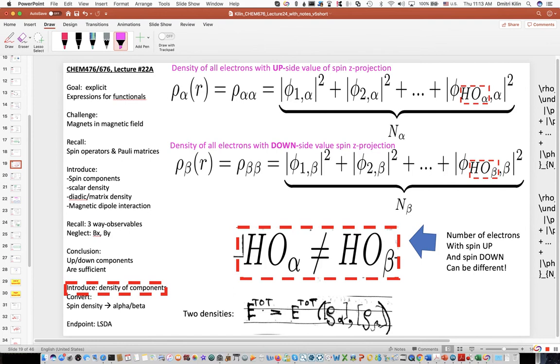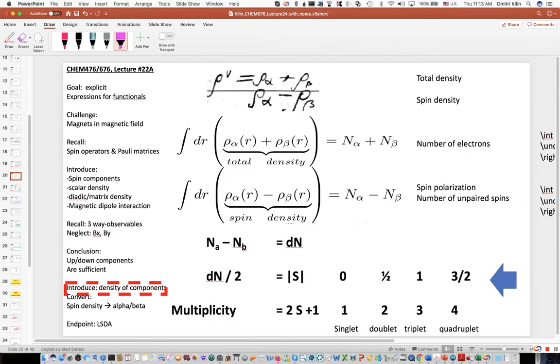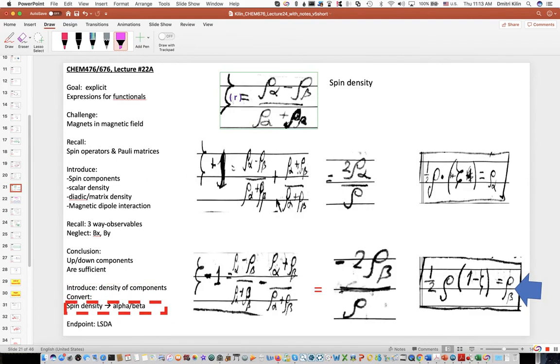Highest occupied is different for alpha and beta if it is magnetic material, and this determines spin multiplicity.